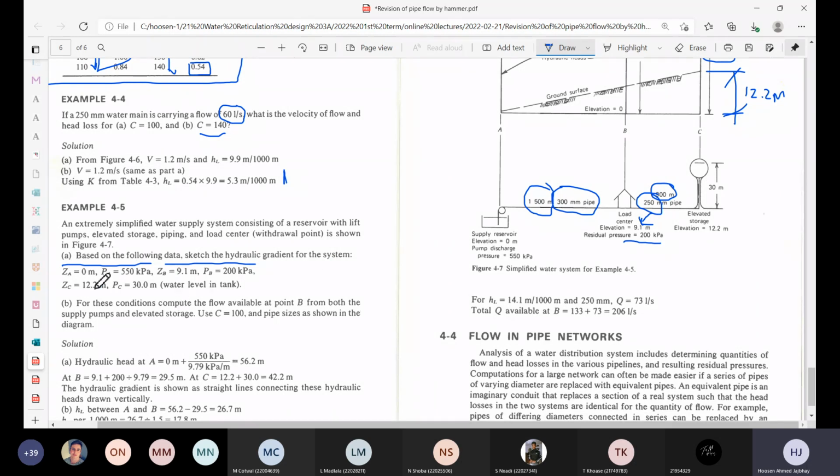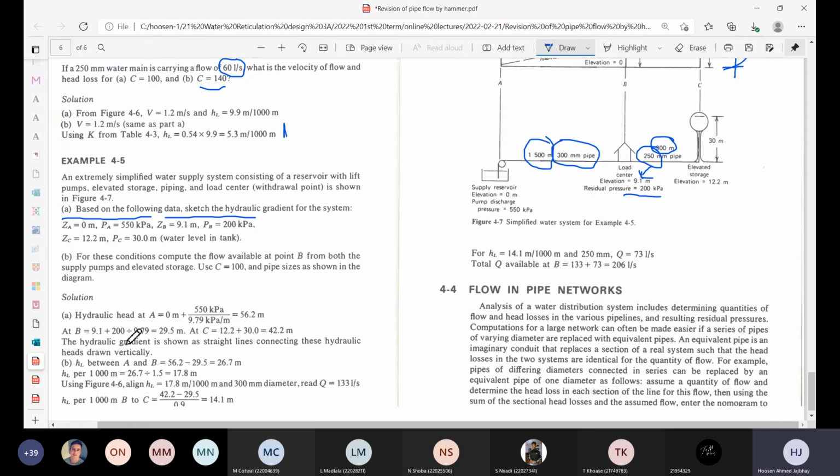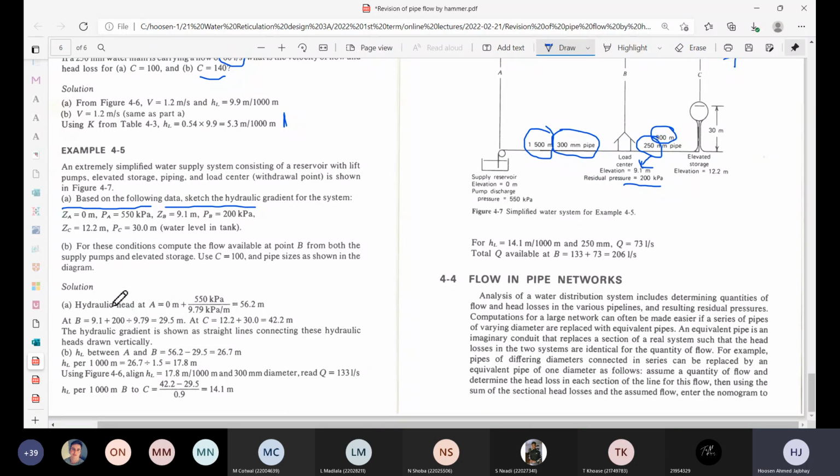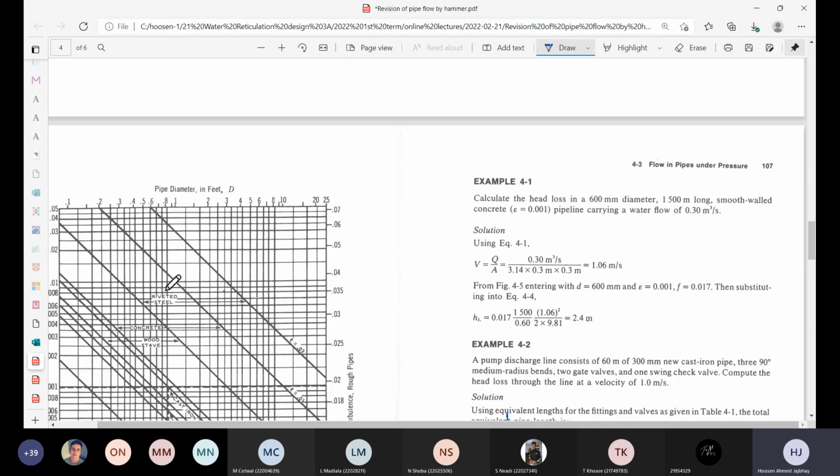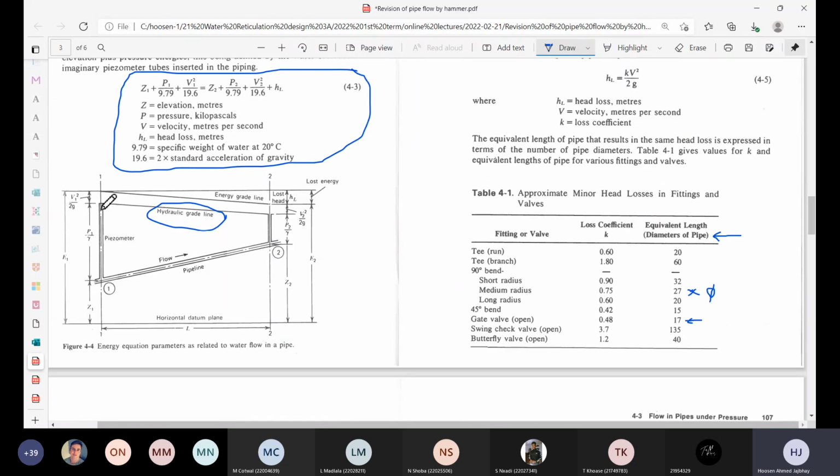So to sketch that, like I told you, you need the piezometer pressures at point A and point B, and that's what you're looking at. So the pressure at point A would be, okay, let me just go back here to the diagram. Maybe I didn't explain it well. That pressure there, if you look at it, it's the pressure relative to the datum. Just remember that.